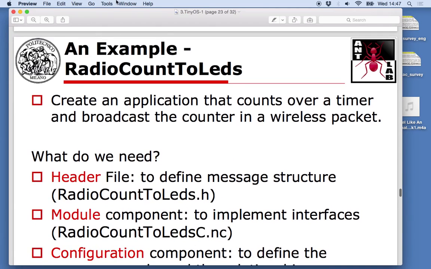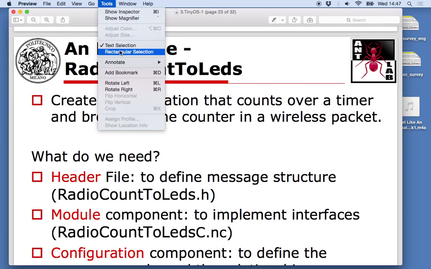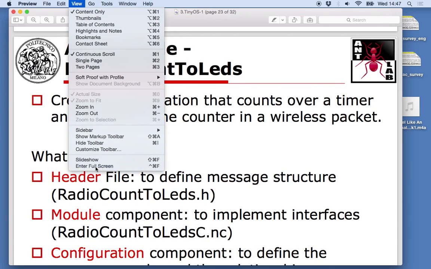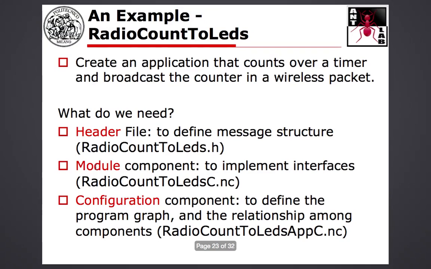So the example is the following. We have an application that counts over a timer. We have a timer, and each time the timer fires, we have a variable that is incremented. At the beginning it is 0, after 1 second it is 1, after 2 seconds it's 2, 3, 4, and so on.